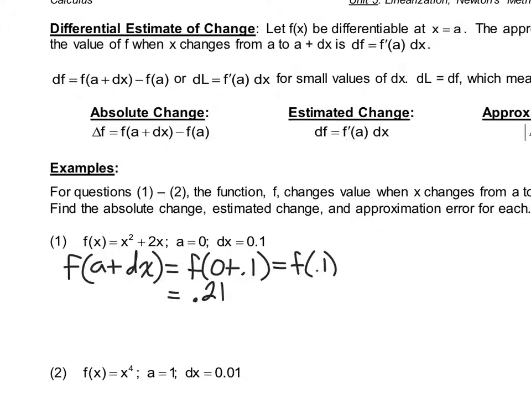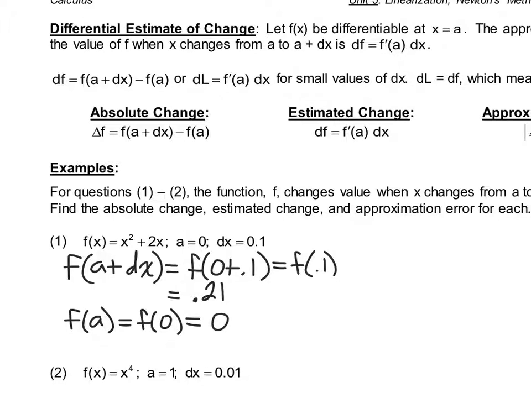Yeah. All right. So then f of a, that's f of 0 in this case. That's going to be equal to 0, because if I replace every x in the original function with a 0, it's going to 0 out. Delta f is really just the difference between those two numbers.